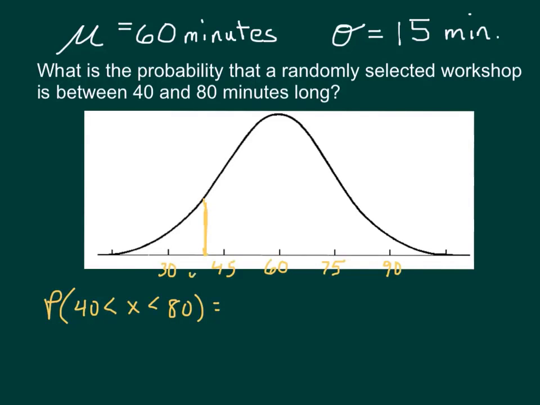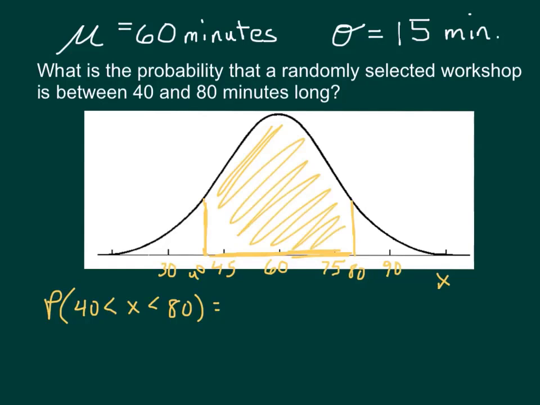There's 40. And again, 80 was to the right of 75, so there's 80. So between these two values is going to be all the times between those, and the area is going to be that middle area there.